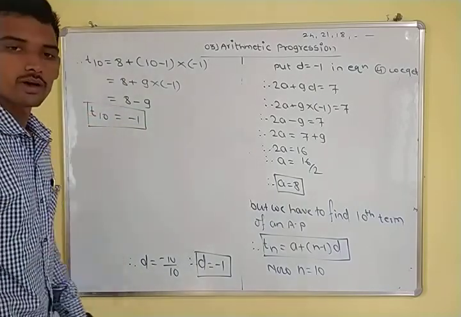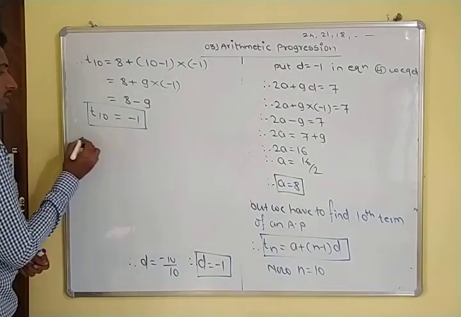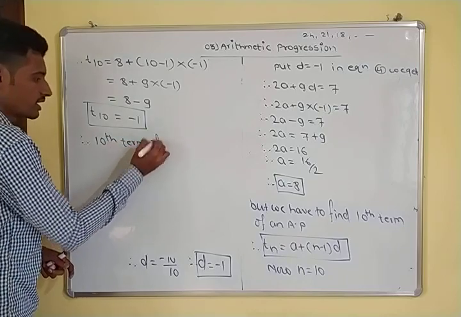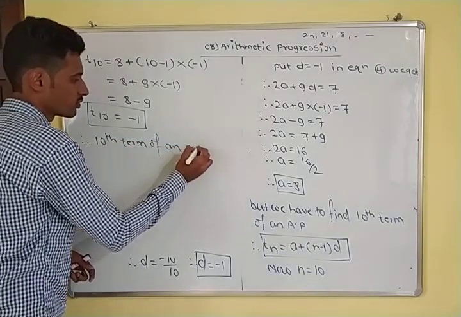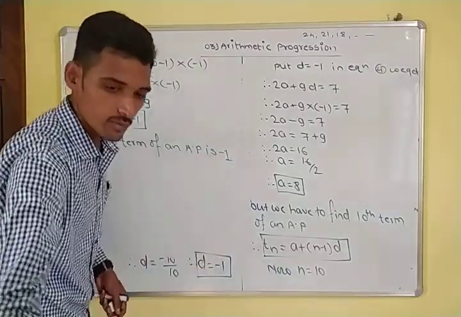So write down here, therefore the 10th term of the arithmetic progression is minus 1.